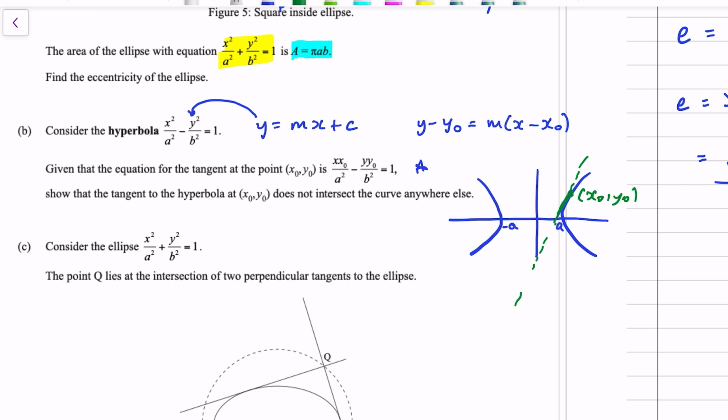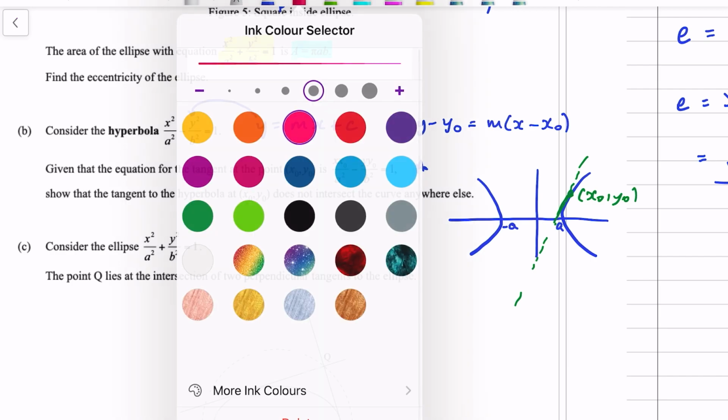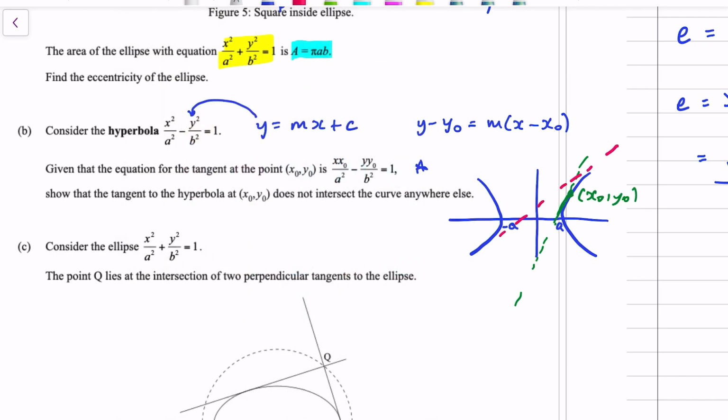We could use a slope argument here and just say that the slope of that tangent is steeper than the asymptote of the hyperbola, because the hyperbola here has an asymptote that goes through, well, it should go through the origin. Let's correct that. Okay, it's got an asymptote here that has a slope m equals b over a.